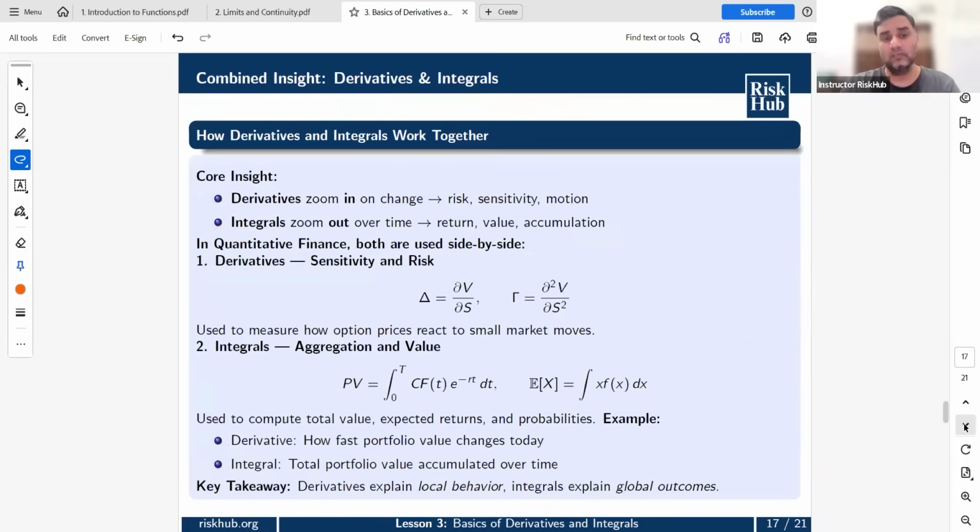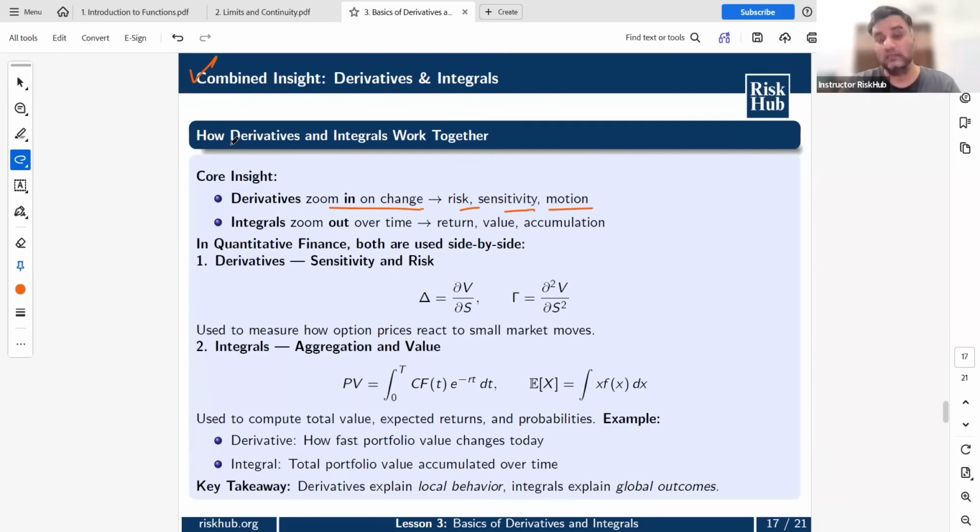Now we get into the combined insight: how derivatives and integrals work together. We are trying to understand how both tools work together in finance. Two perspectives of the same system. Derivatives zoom in on change, risk, sensitivity, and motion.